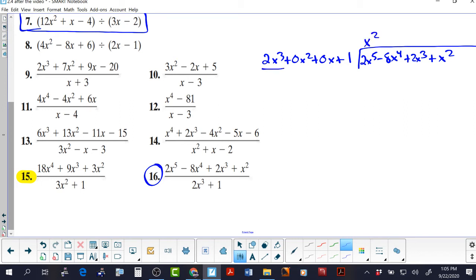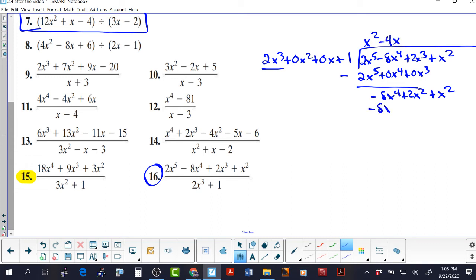Now when we multiply, we get 2x to the fifth plus 0x to the fourth plus 0x to the third. And we subtract. So we get negative 8x to the fourth plus 2x to the third. Now we can bring down the plus x squared. We need an x to the fourth, so minus 4x.